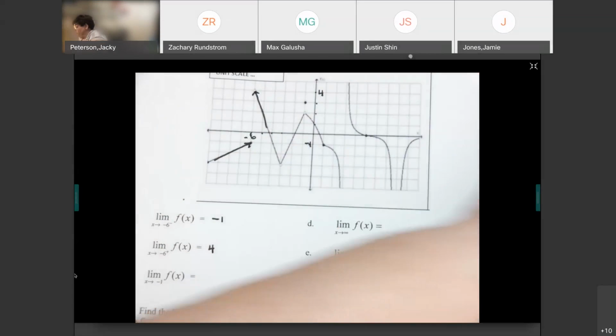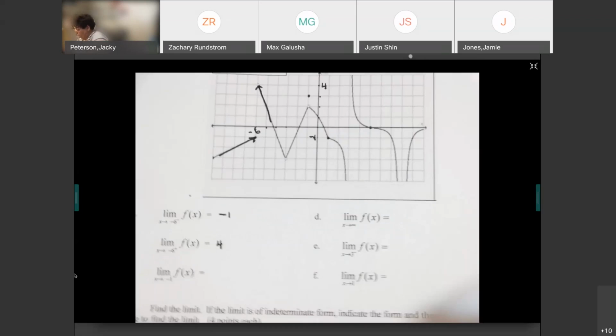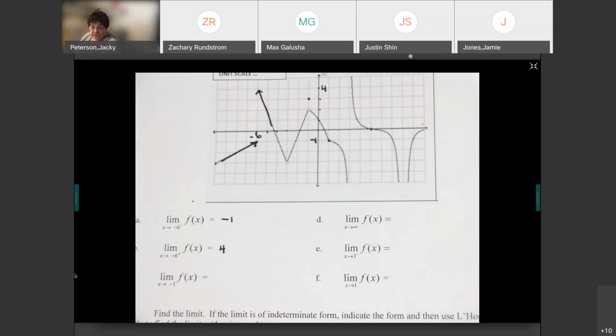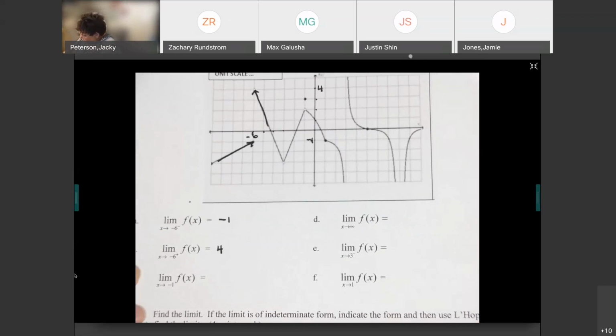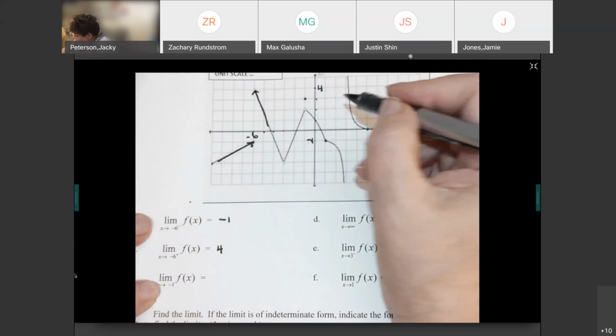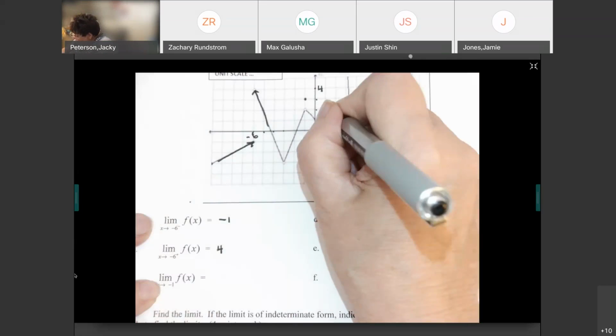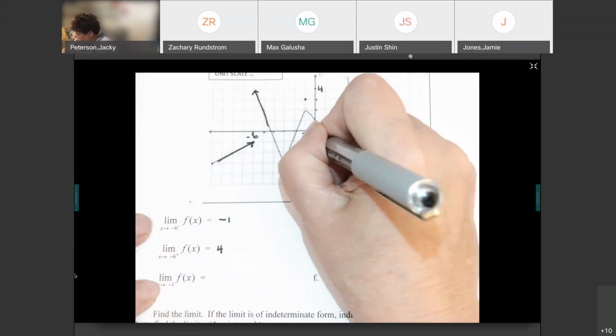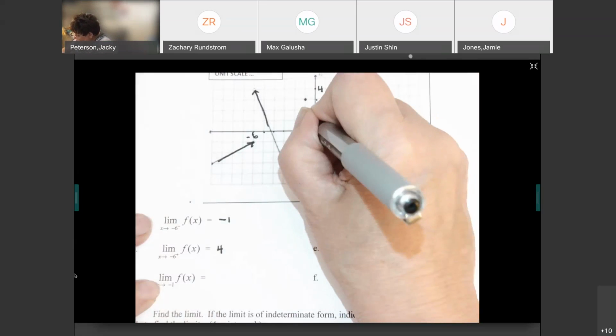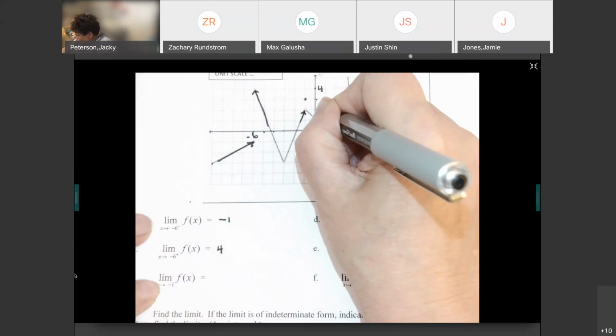Cross-check is what we're doing. So I have to make changes to the answers. From -1, I'm coming in from both sides. So here's -1 on the X. Coming in from the left, I stop at 2.